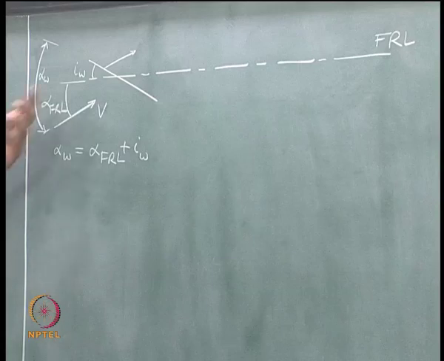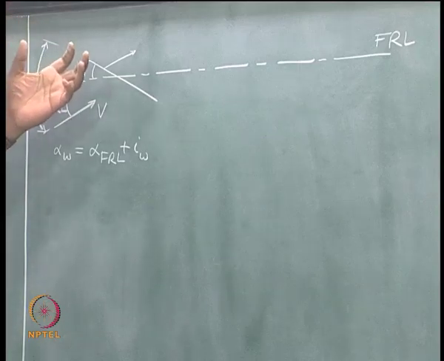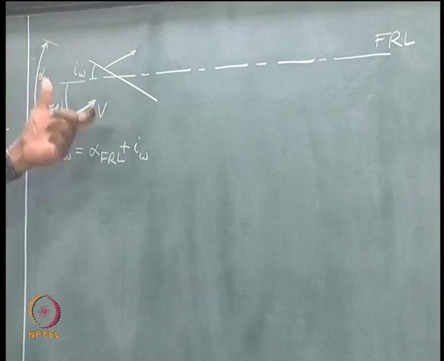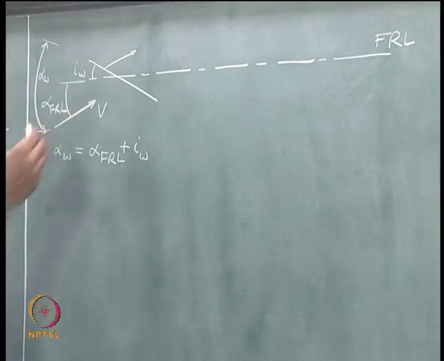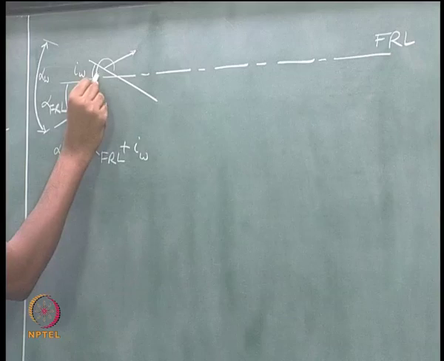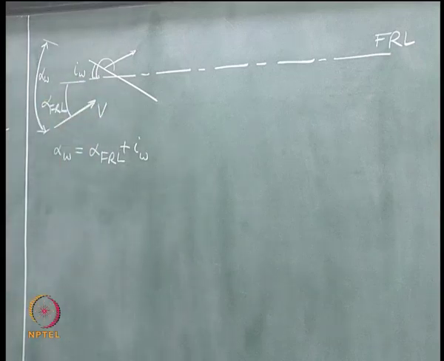Now, we assume that all the aerodynamic forces are being shifted to the aerodynamic center of this wing, okay, with a moment, right. So, for a positively cambered wing, we should have Cm naught, which is negative, right.